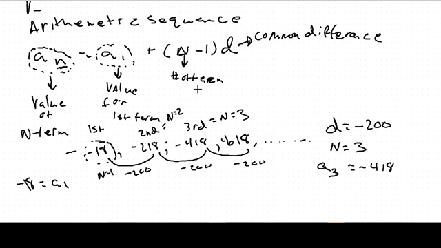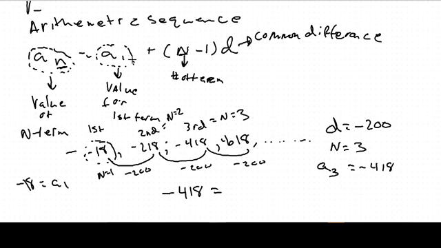So let's stick it in this formula to see if I actually get the same number. I'm going to stick in each one of the numbers individually so you can see where they go. Remember, a_n is the value for that particular term. We're talking about the third term, so negative 418 equals.